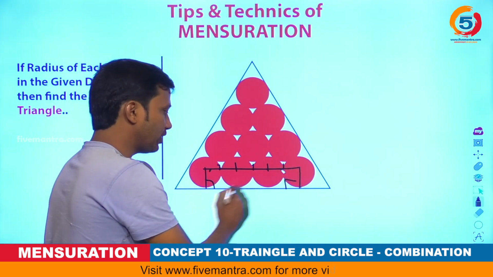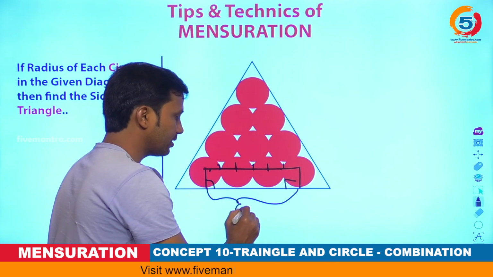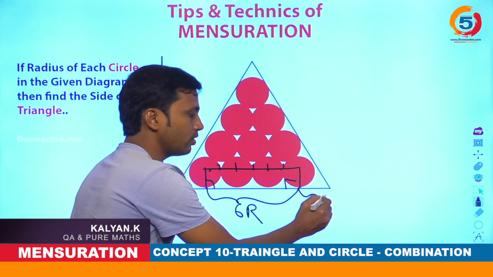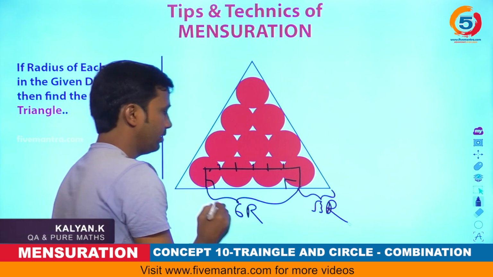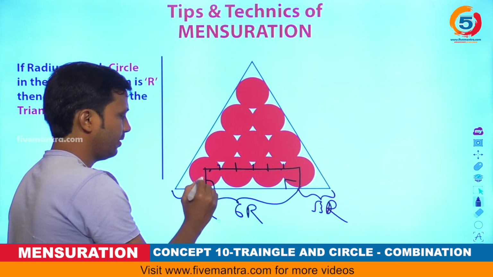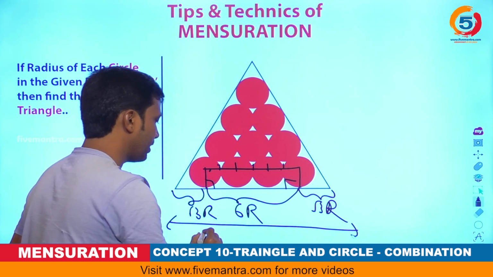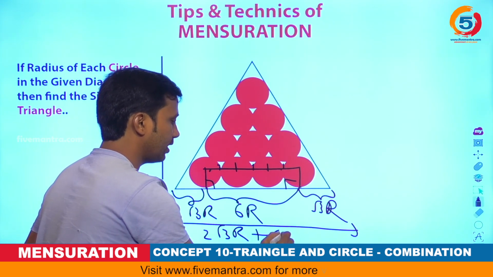So the same opposite side would be equal. So in the rectangle this would be 6 r. And as in the previous case we can say this also is root 3 r. So this is also root 3 r. Now what would be the total length? Again 2 root 3 r are there, 2 root 3 r plus 6 r.